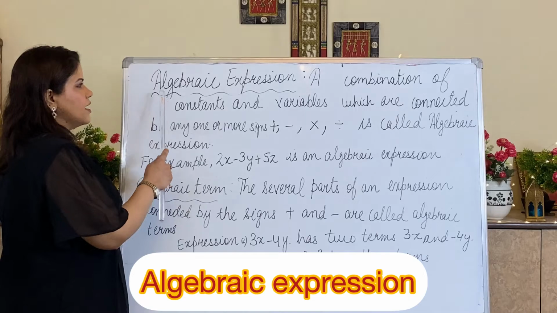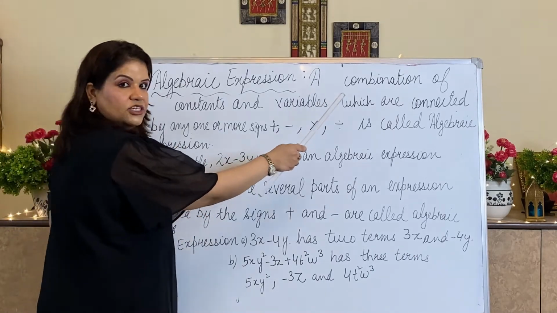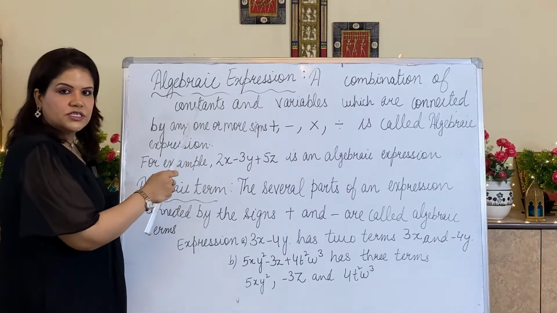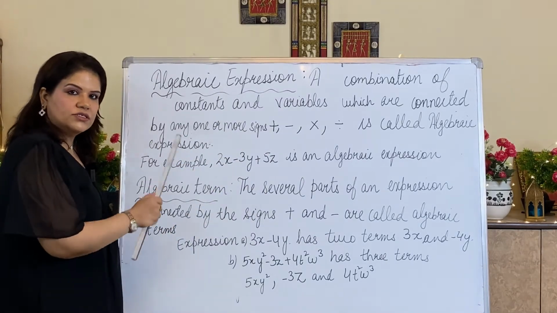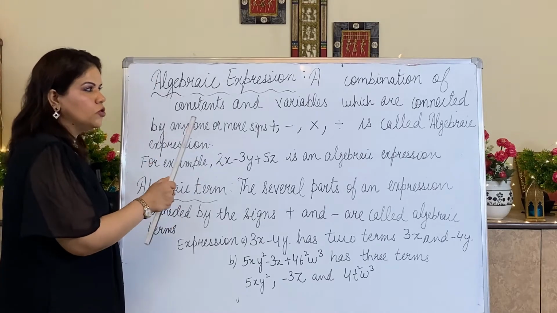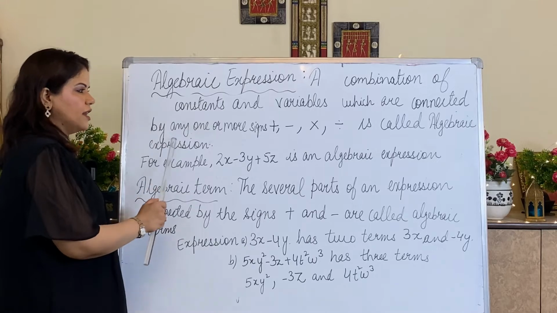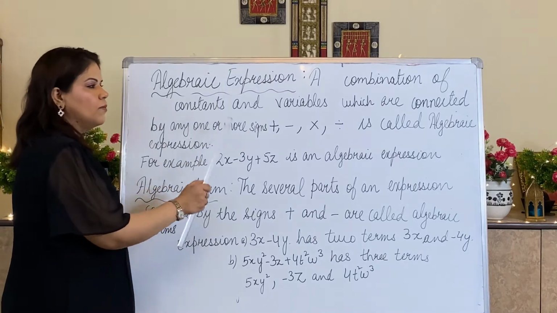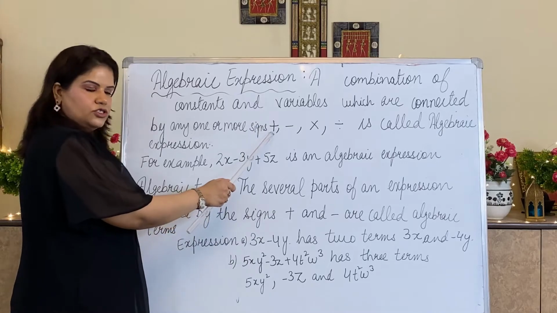Now I am taking algebraic expression. A combination of constants and variables. We are taking constants and variables both, which are connected by any one or more signs. Which signs are there? It is a sign of addition, plus sign.